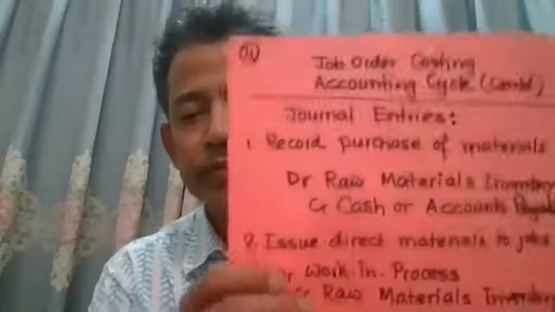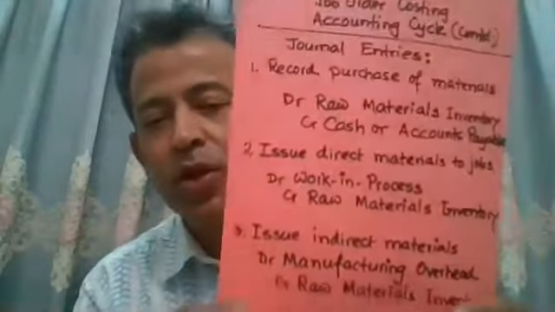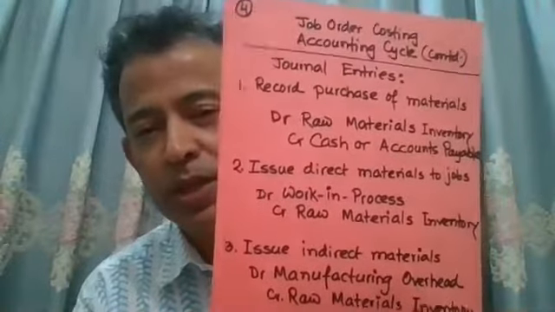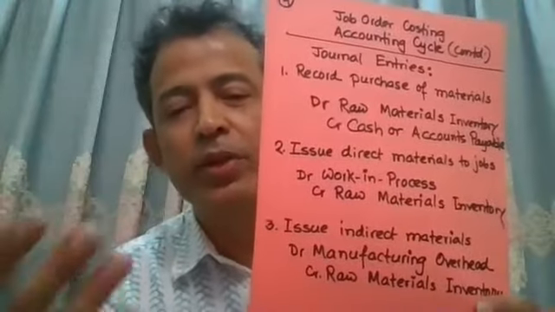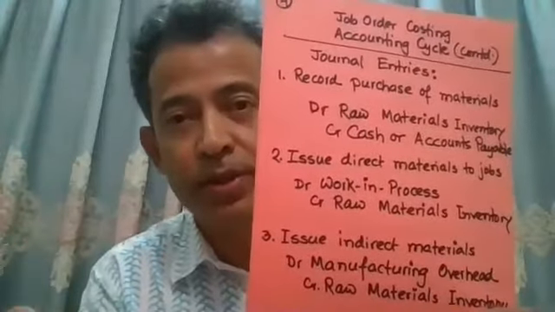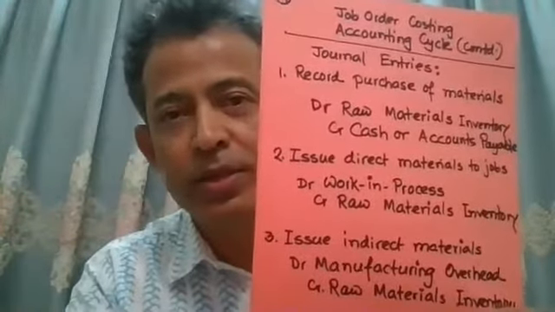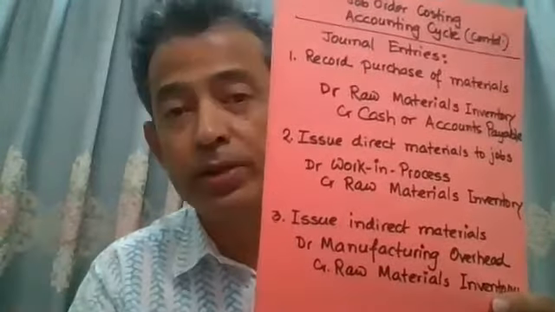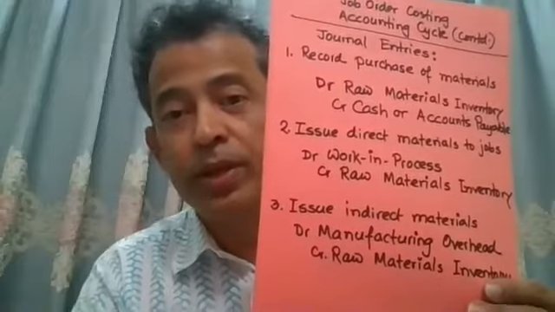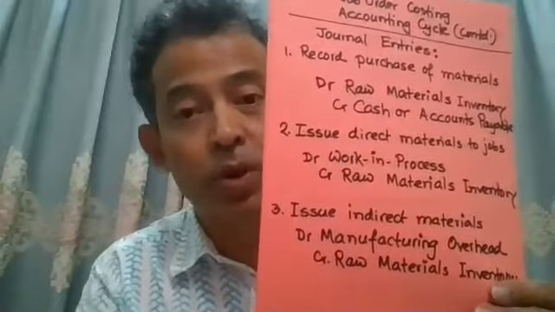Anyway, the 3 journal entries on this page: the first one is acquisition of raw materials. The second one is assignment of direct materials to job sites, individual jobs. And the third one is assignment of indirect materials to individual job sites. When we issue direct materials, we debit work in process.